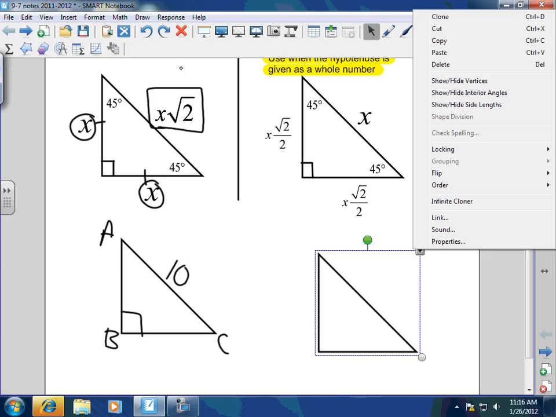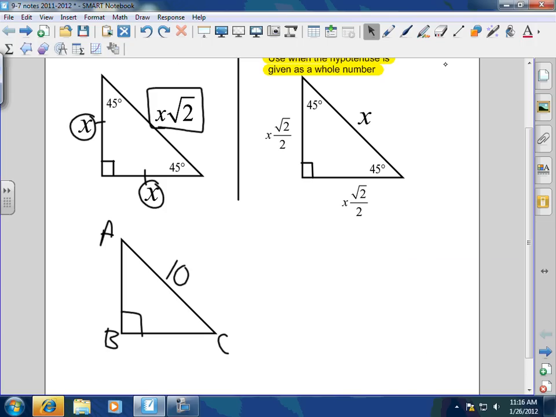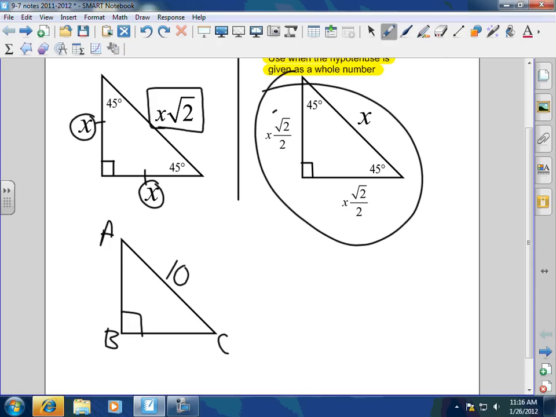Before I show you how to use the formula, let's show the long way so you could see how useful the formula really is. What is the formula for the hypotenuse of a 45, 45, 90? Don't look at this right now, guys. We're going to do it the long way.